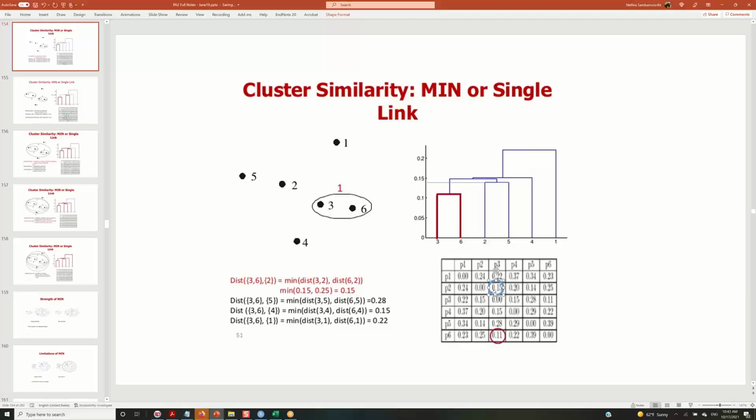So these are all that's happening, so you need to keep track of it, otherwise you lose track.